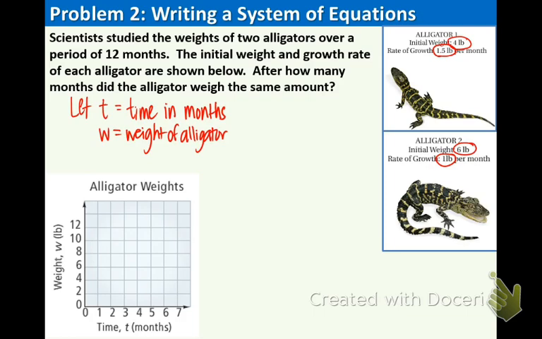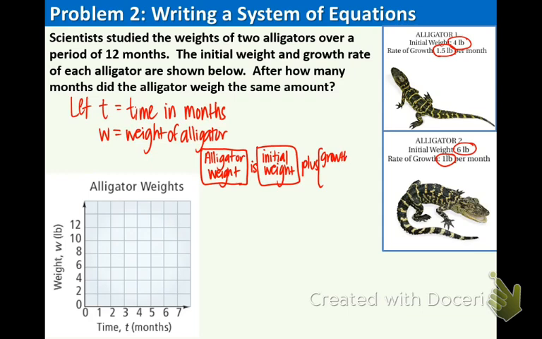So let's talk about this. Alligator weight is determined by adding the initial weight to the weight that they're gaining per month. So I'm going to do a little organizational chart and then we'll make the equation below. Growth rate times the time in months.